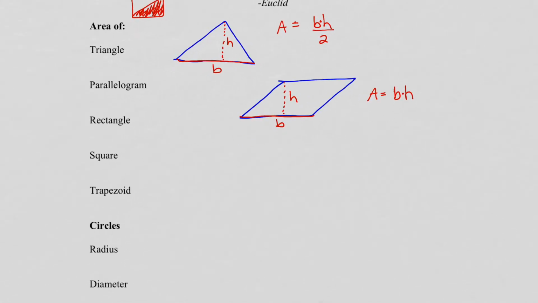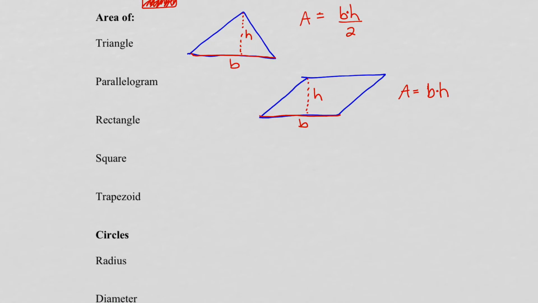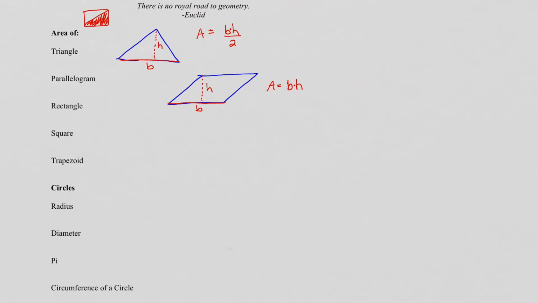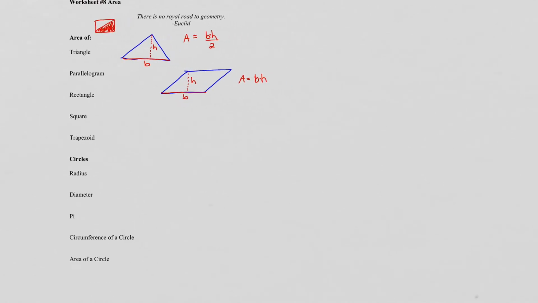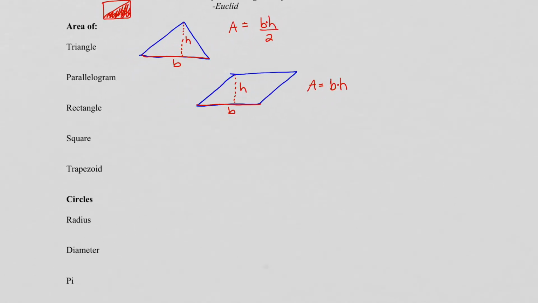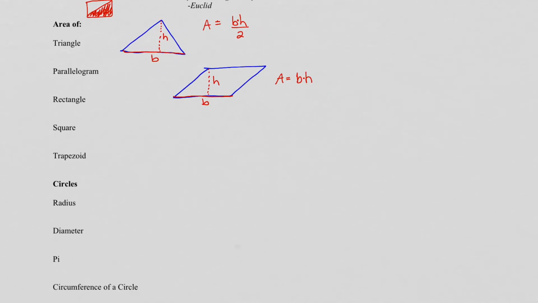There's not much room here to write, so we're gonna have to spread these out some. So next will be the rectangle. The rectangle is basically the same thing, except this one's already right side up.